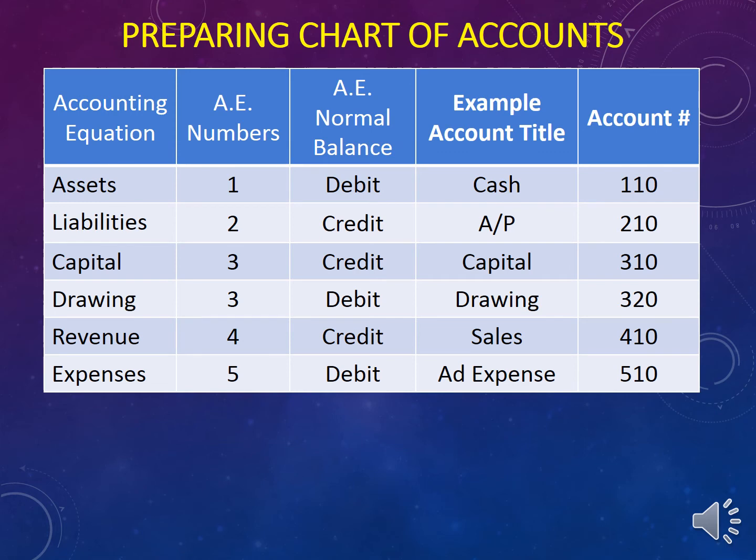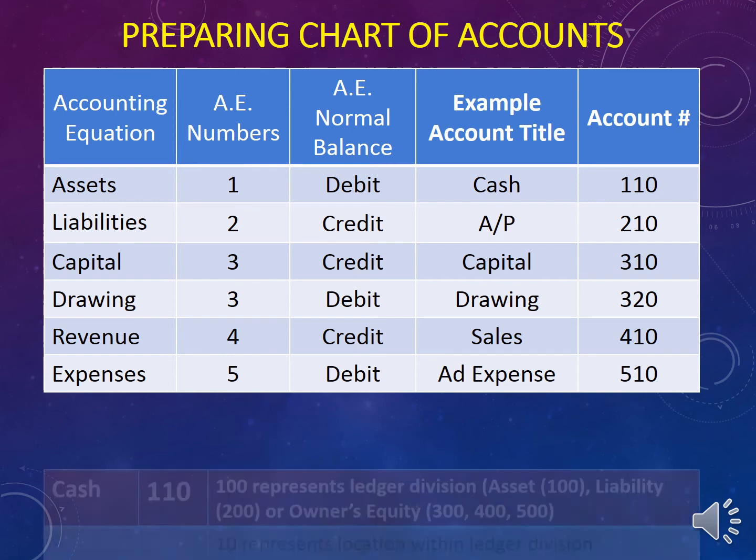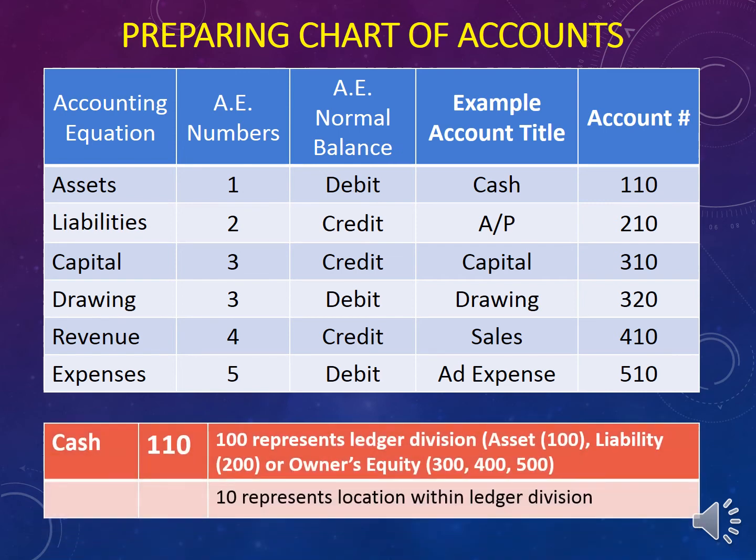So as you go through and look at this chart of accounts, you're going to see that each account is given a general ledger division number, followed by a number that tells you where it falls within the general ledger. So cash 110, the 100 represents the ledger division, 10 represents the location within the ledger division.